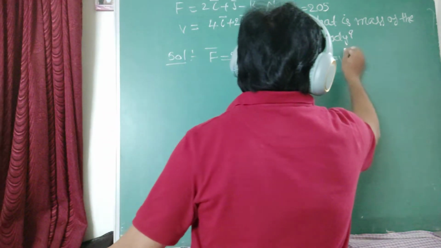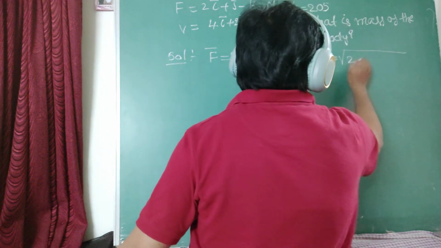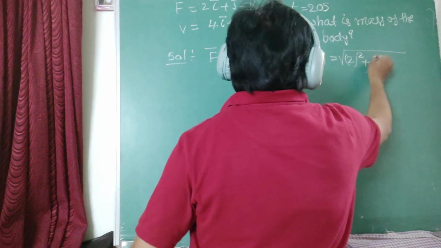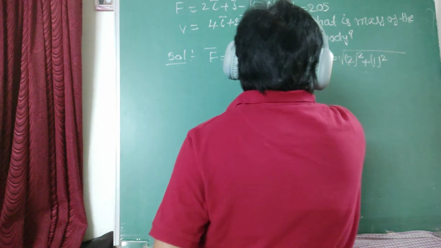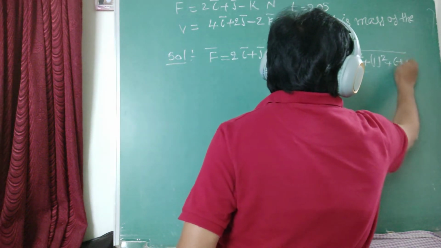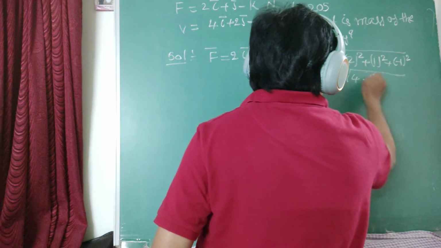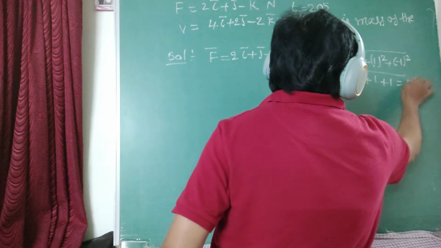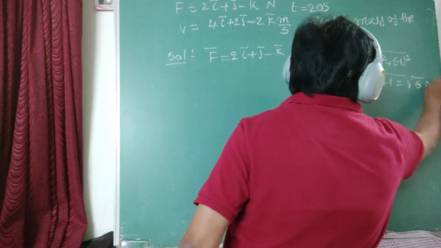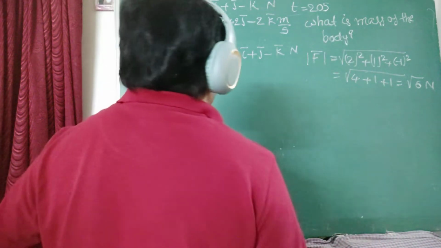Now what way did you get this? The first term is 2 square plus the second term is 1 square. Third term is minus 1 whole square. From this write the step now. 4 plus 1 plus 1. The value should be root 6 newtons. That is the force value you are getting.